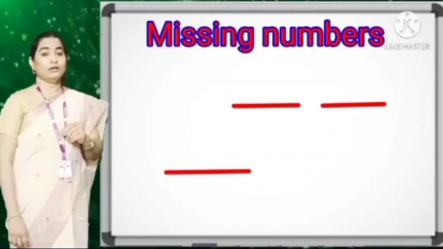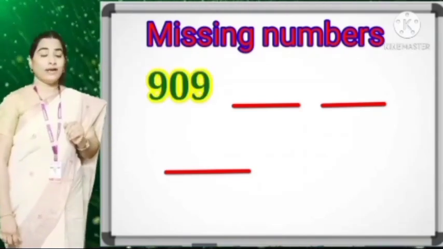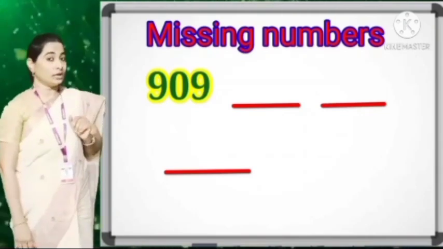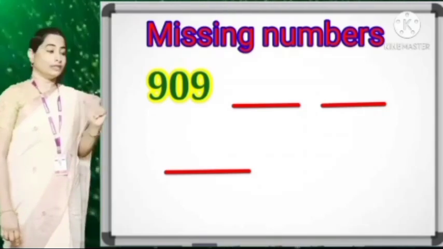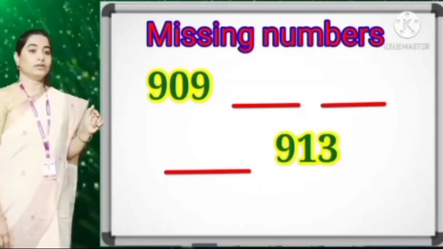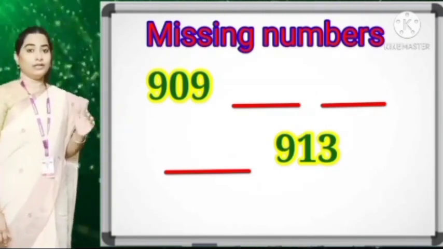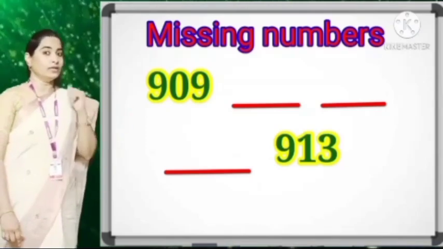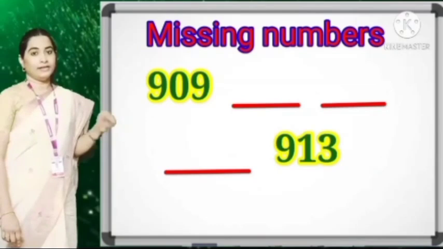Look, children, what number is given? It's 909. What number? 909. Dash, dash, dash. 913 is given. And now we need to find the next numbers, missing numbers. 909.